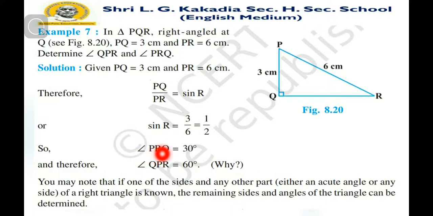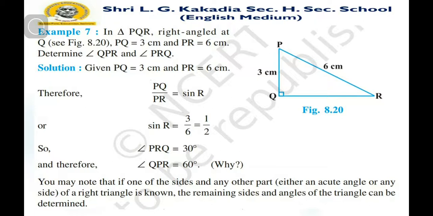So angle PRQ will be 30, and then QPR will be 60, because P and R are acute angles and their sum will be 90. So if it is 30, then it will be 60.